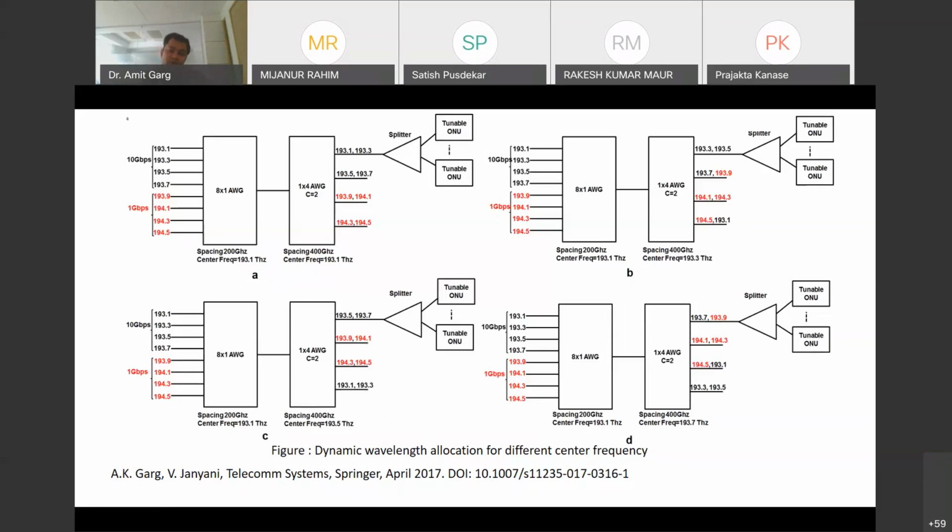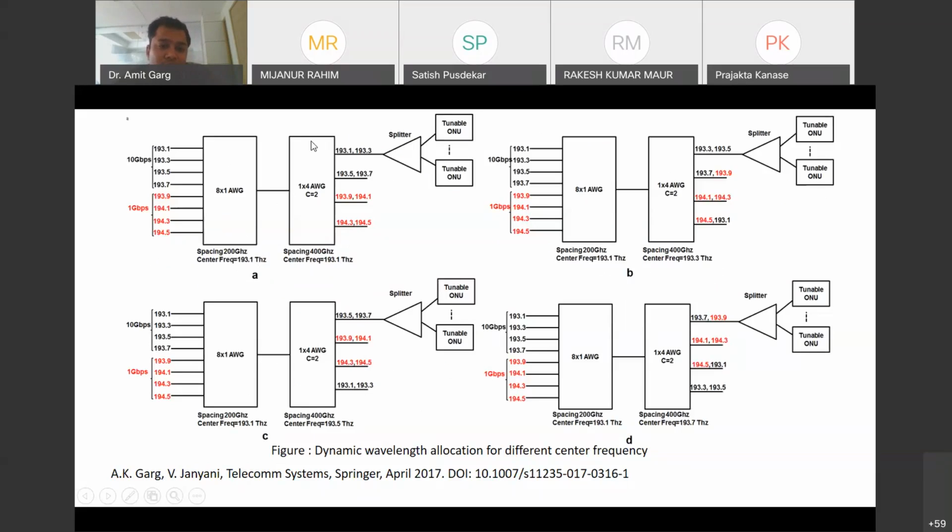Okay. Yes, there is one more important feature. So what we can do is, suppose the wavelength spacing of this remote node AWG is twice as compared to the wavelength spacing of this central office AWG. So this is having 200 gigahertz spacing, this is having the 400 gigahertz spacing. Okay, so now what is happening?